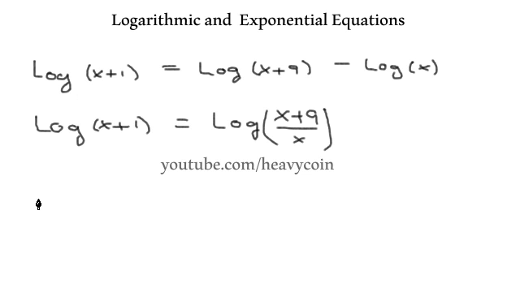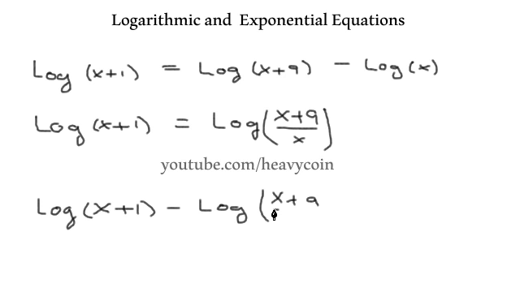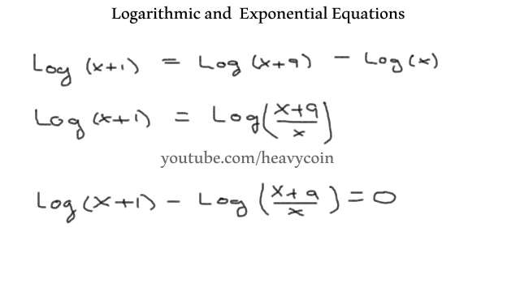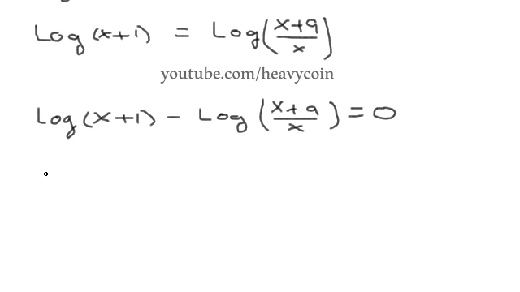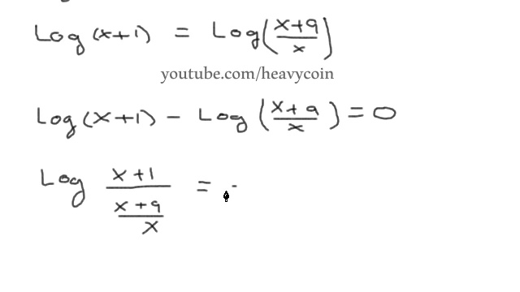Okay, well, let's get everything over to one side. Minus log of x plus 9 over x, and that's equal to 0. So now we have log of x plus 1 over, because this is a minus here, we're going to put x plus 9 over x down in the denominator.